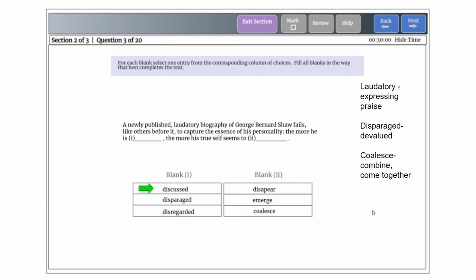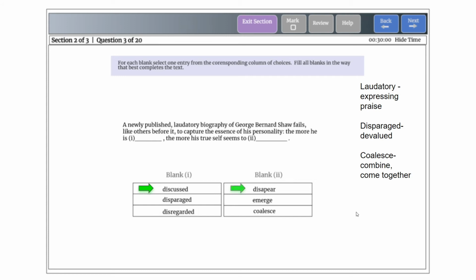But then for the second blank, and this is where if you're just reading casually, if you're just trying to make that second half of the sentence make sense, you might be tempted to pick something like emerge or coalesce, right? Because both of those sort of read just fine, just the second half, right? The more he is discussed, the more his true self seems to emerge. Well, that's usually what happens with most people, right? The more you read about them or the more they're written about, the more people know about them.